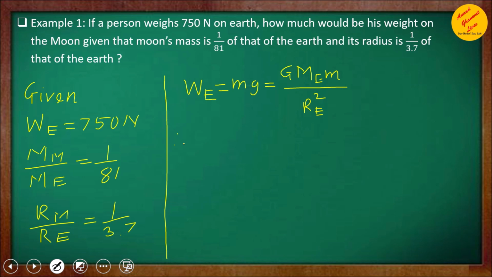Now therefore, the weight of the person on Earth, 750 Newton, is equal to gravitational constant G into mass of the Earth, into mass of the person, upon radius of the Earth, its square.